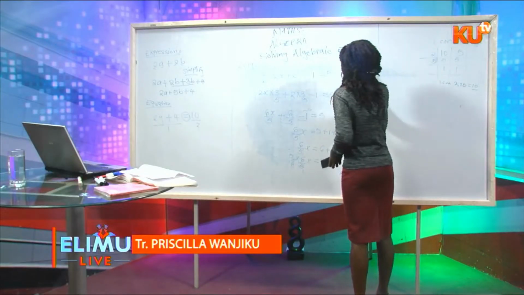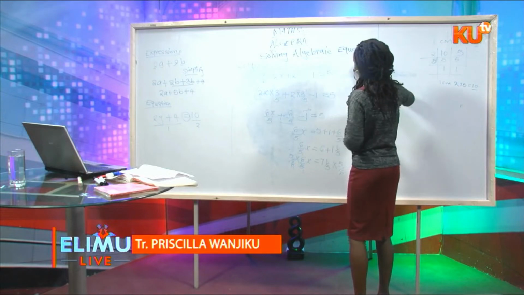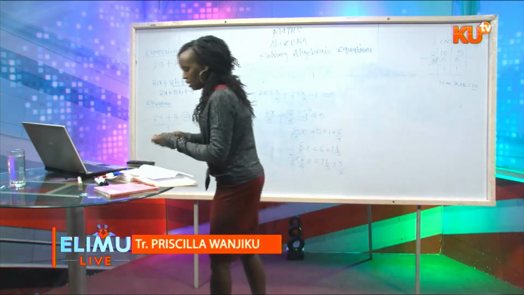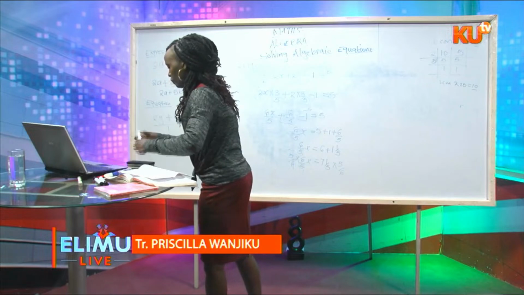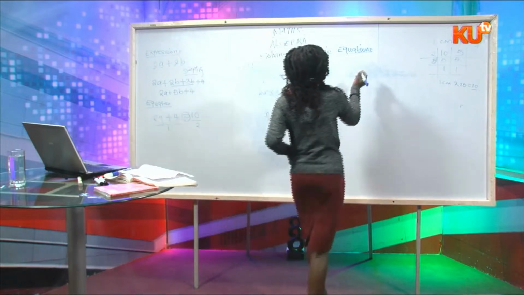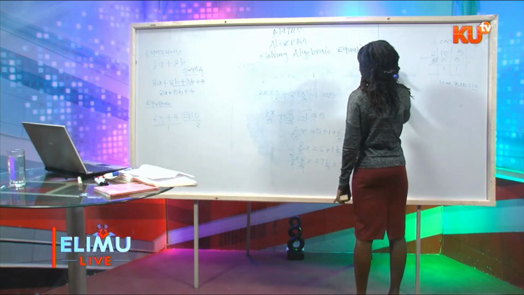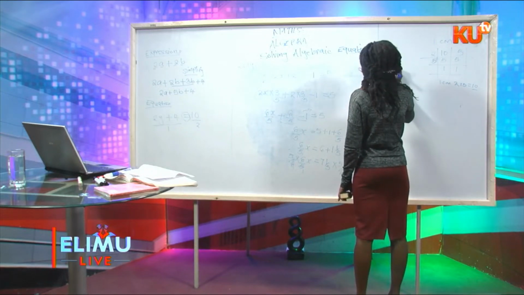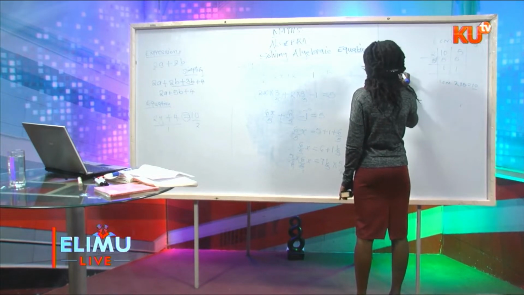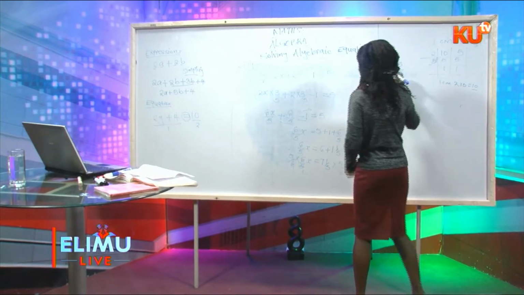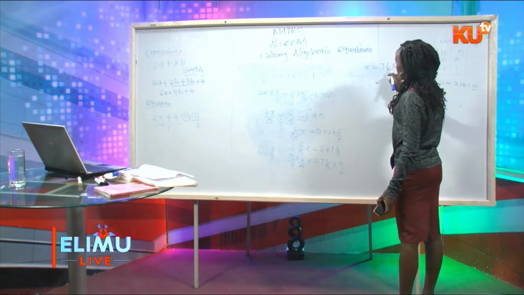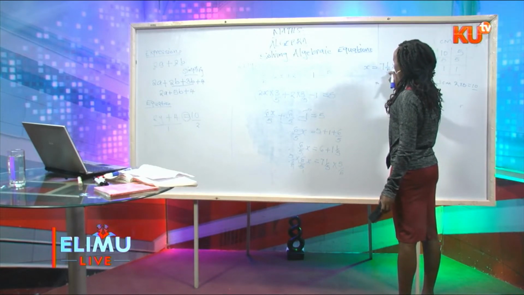So x is equal to 7/5 times 5/6. So this 7/5, we change it to an improper fraction.